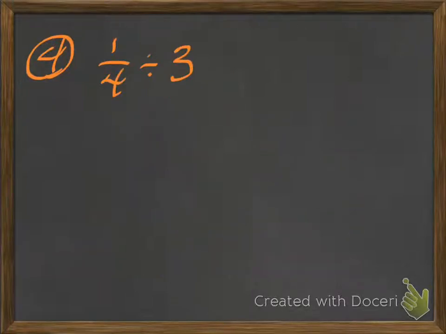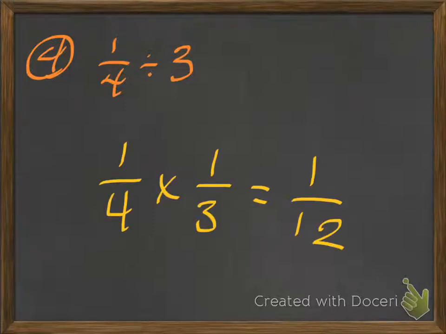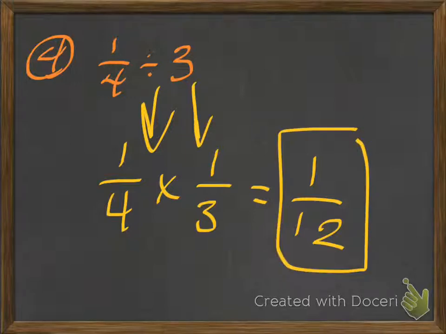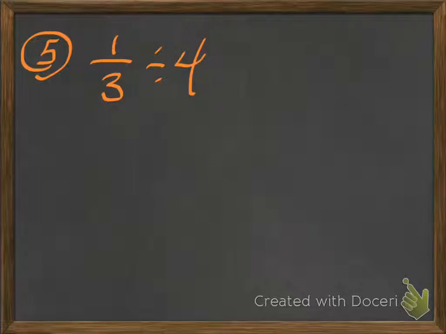Number 4, 1/4 divided by 3. Okay, so hopefully this is getting faster and faster for you. You are seeing that you're going to change the division to multiplication, change the 3 to 1/3, multiply, and get 1/12.